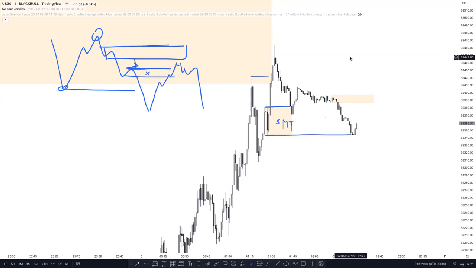Bitcoin, US30, NASDAQ, crude oil, Bitcoin, GBPJPY. Let's try a different pair today.